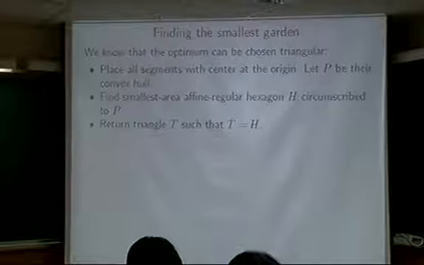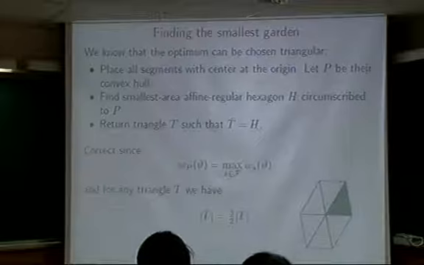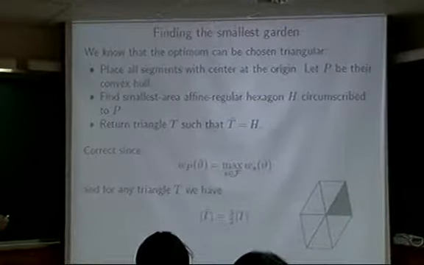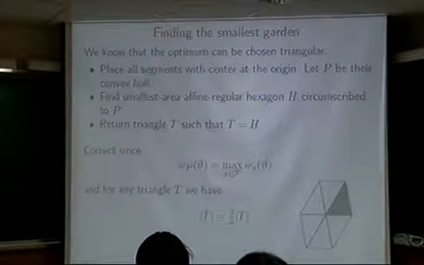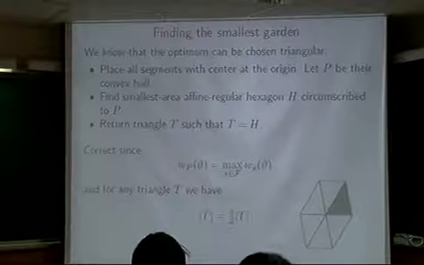And why is this correct? It's correct because what we want to do, we want to find the smallest triangle such that the width of the triangle dominates the width of some original set.